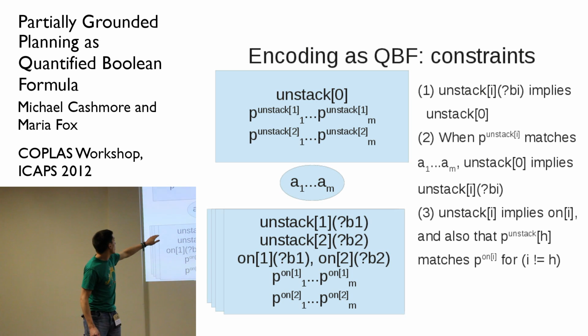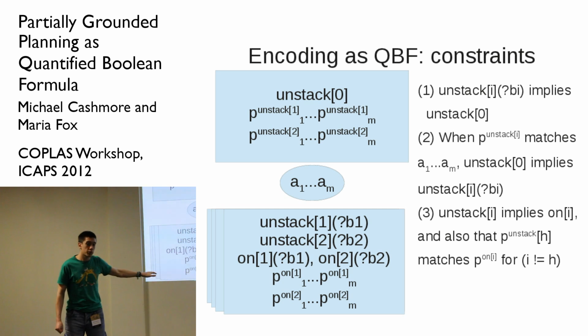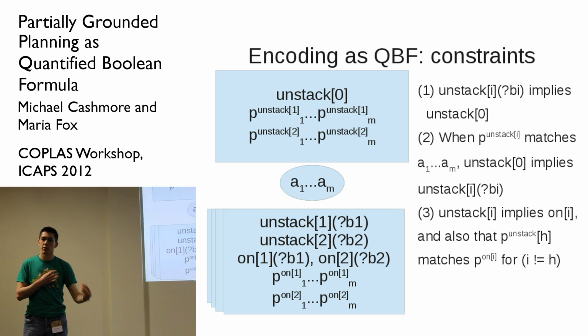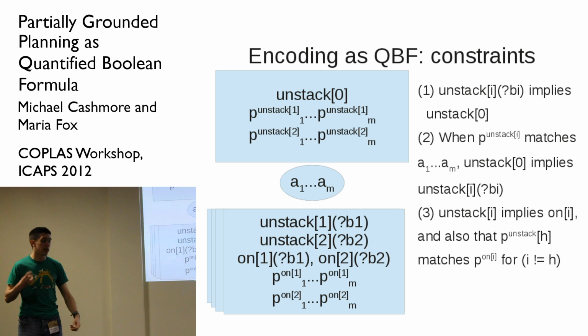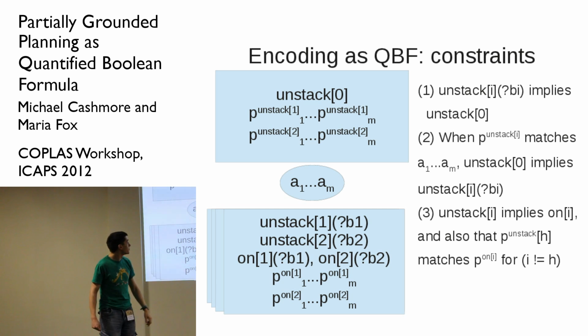Second, when the parameter variables for the split operator match the universal variables, then the corresponding split operator below must be made true. So when the universal variables have been assigned the value that corresponds to the block that's being unstacked, then the unstack operation must be made true if we are doing the action.